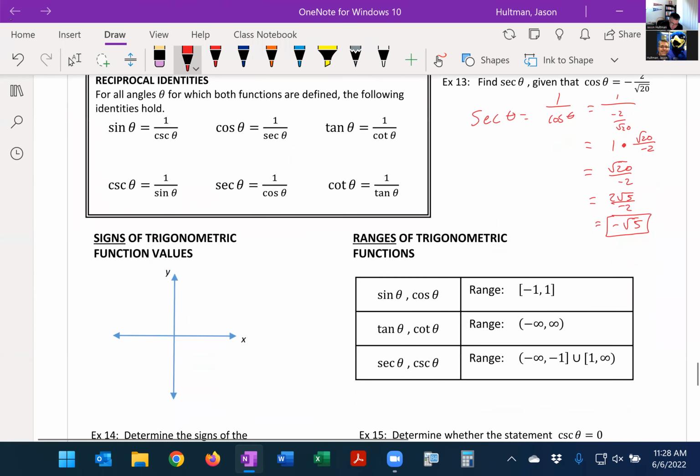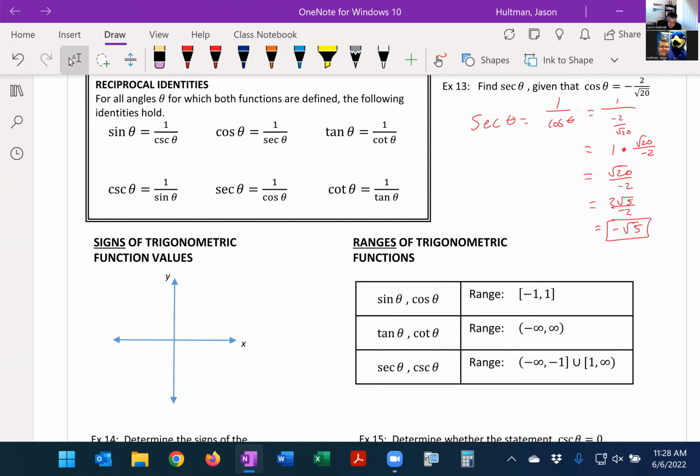Okay, the signs of trigonometric values. I'm just going to talk about sine, cosine, and tangent, but cosecant, secant, and cotangent follow the same pattern as their counterparts. If you know sine, cosine, and tangent values, then you know cosecant, secant, and cotangent because they're just their reciprocals.